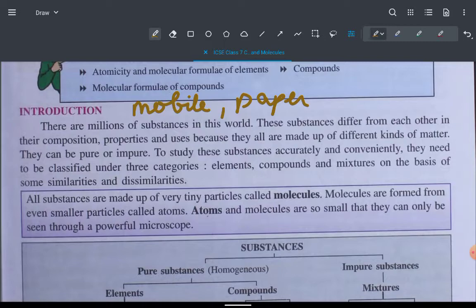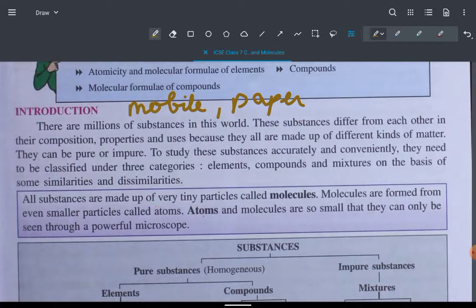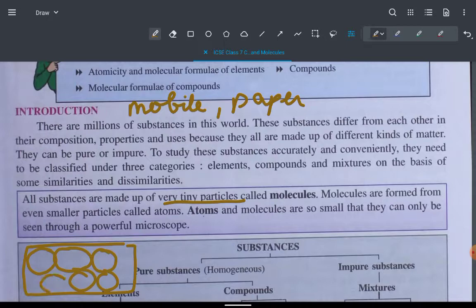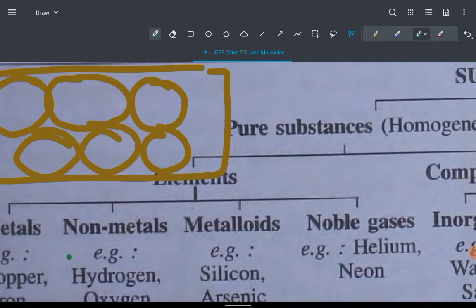So what are molecules? All substances are made up of very tiny particles called molecules, right? Suppose this is a substance and that is made of molecules. Now each one of these molecules, if we break them, they are even made up of smaller atoms.